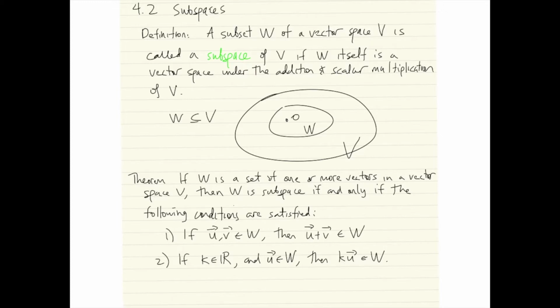Roughly, a subspace is a part of a vector space in such a way that that subset itself is a vector space.